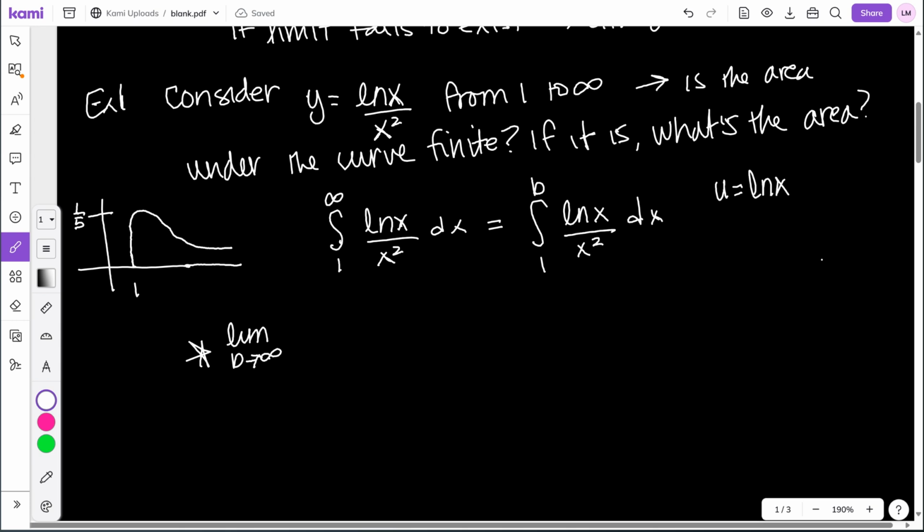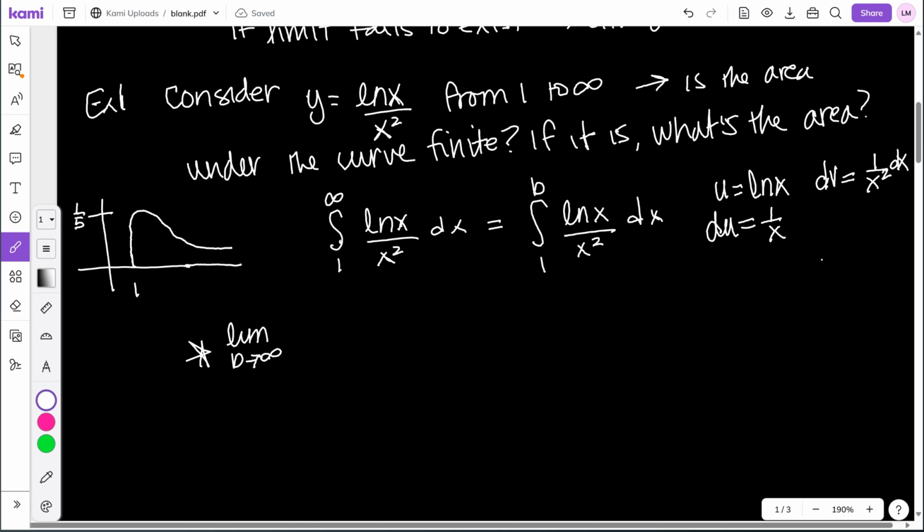And that would make du 1 over x. And that makes dv 1 over x squared.